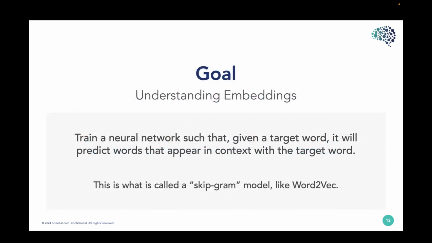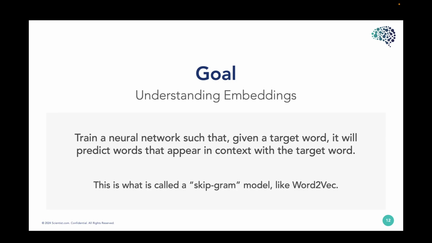This time, we're going to create a much bigger neural network. It's still going to be a single layer, but it's going to have a lot more nodes in it. The idea is we're going to train a neural network so that we give it a target word, and we are going to attempt to predict the words that appear in context with that word.